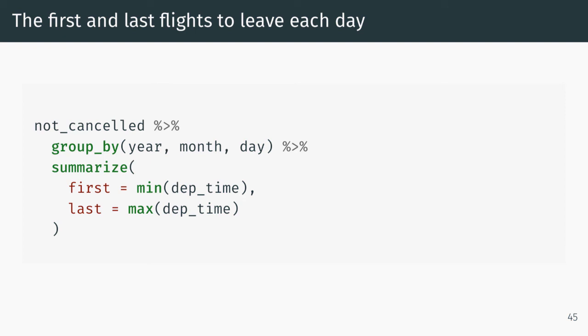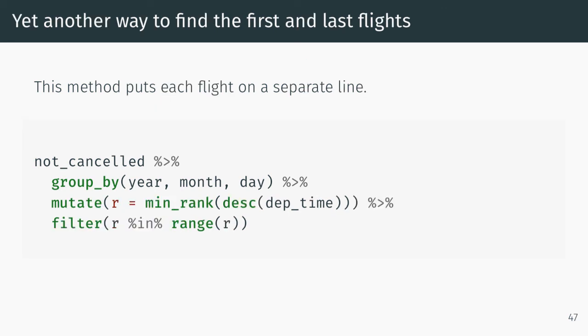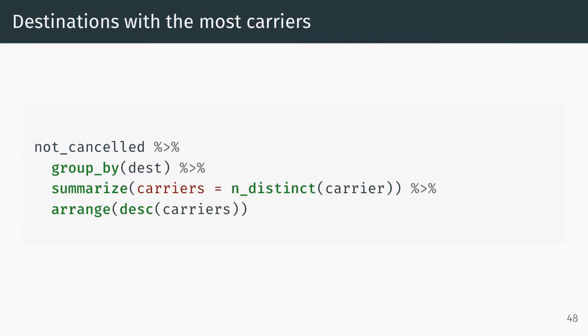We can find the first and last flights that leave each day. And here's another way to find the first and last flights. Instead of saying min and max, we just say first and last. And here's yet another way to do it, by ranking them and simply getting the range of the ranks.